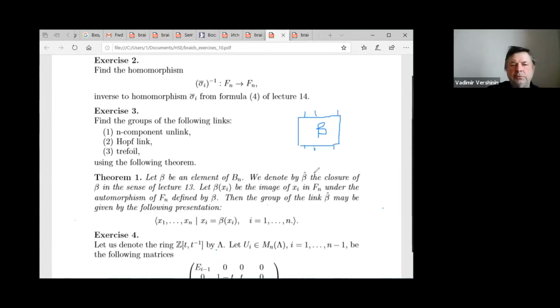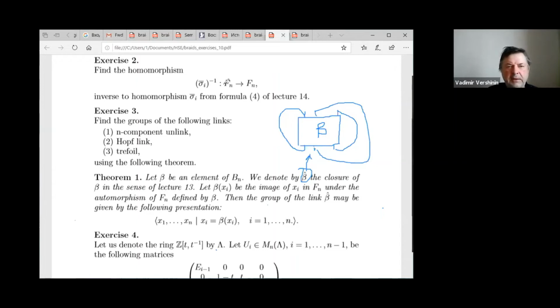And we denote by beta hat the closure. Right? So this is beta hat, this object.